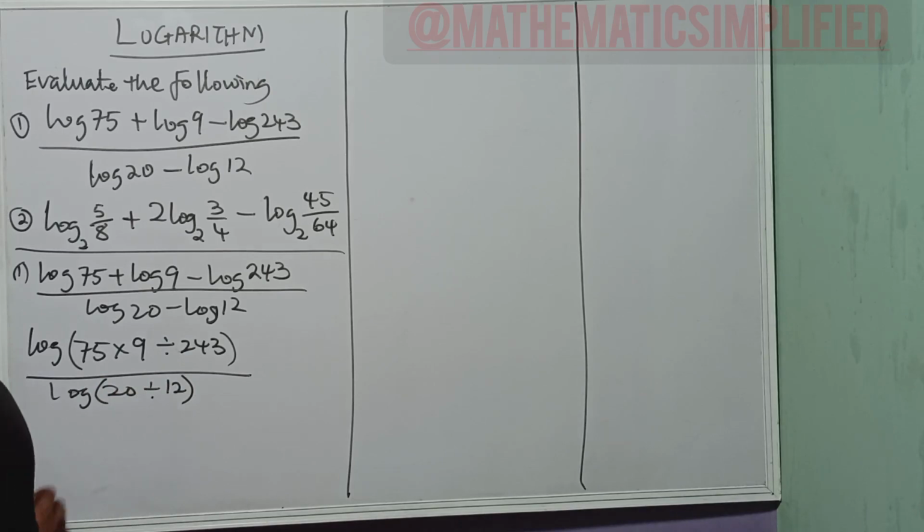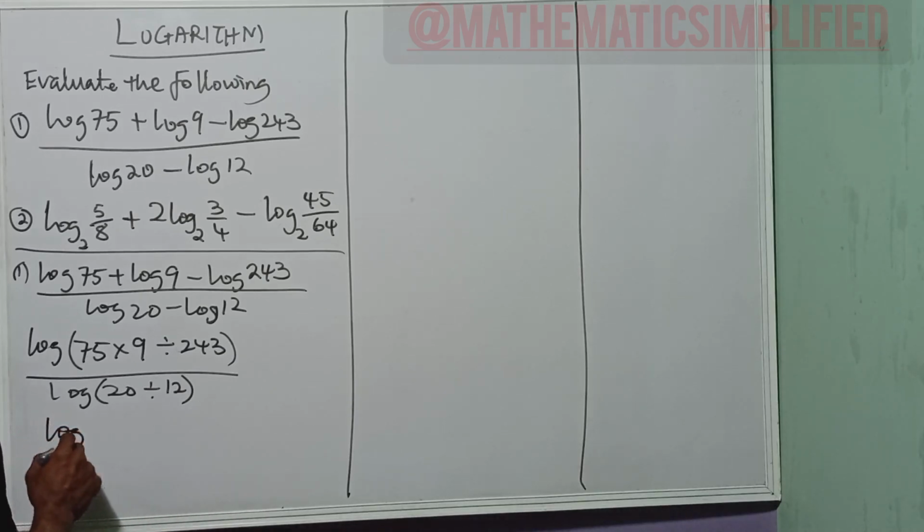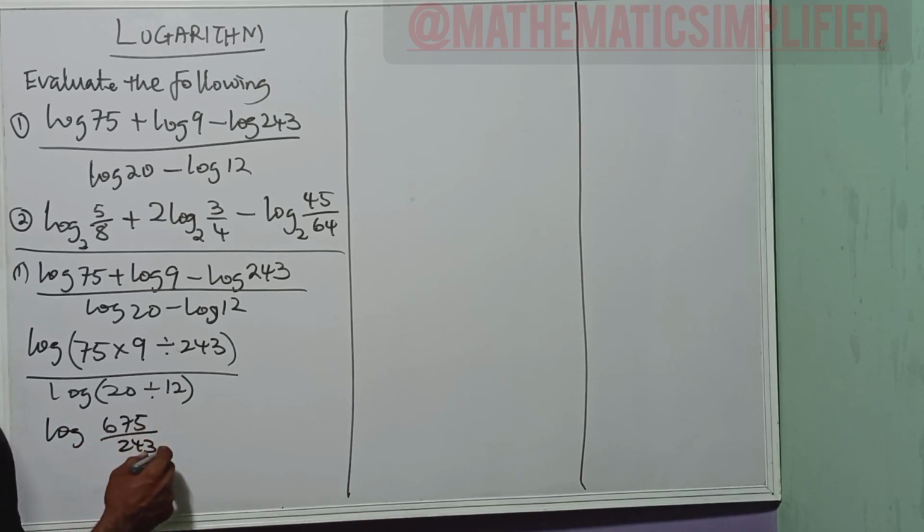From here, 75 times 9 is 675. This becomes log 675 divided by 243, all over log 20 over 12.